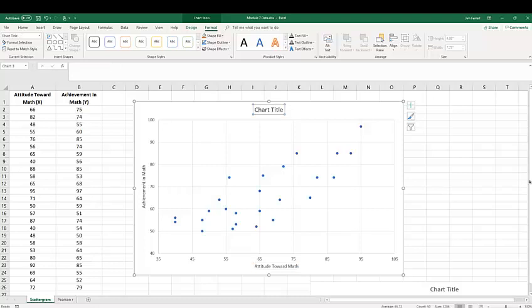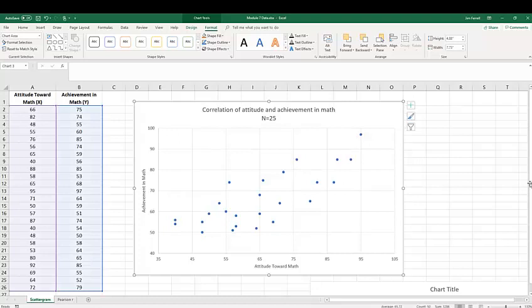And then we would change our title as well. I always like to put an N, so that whoever's looking at our chart can see that we looked at 25 students.